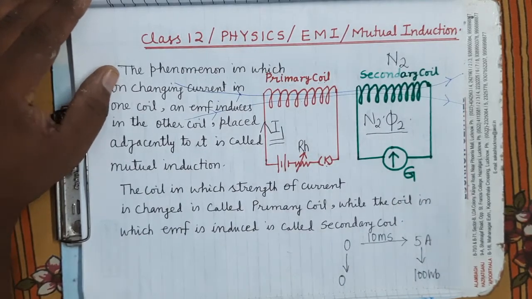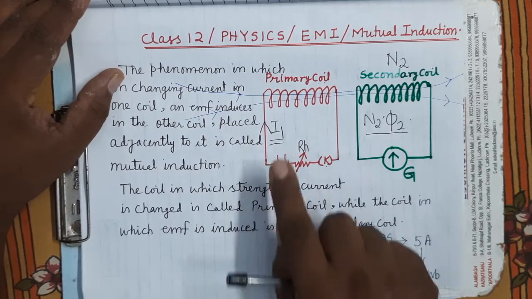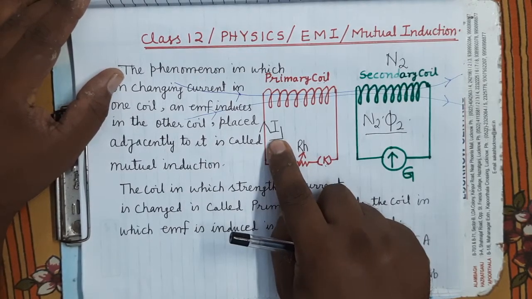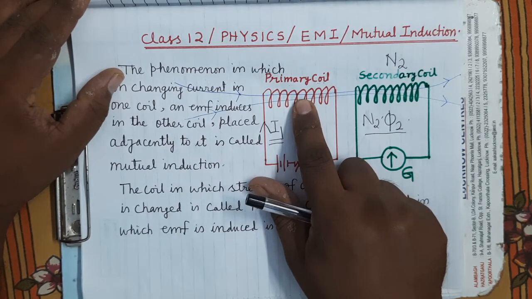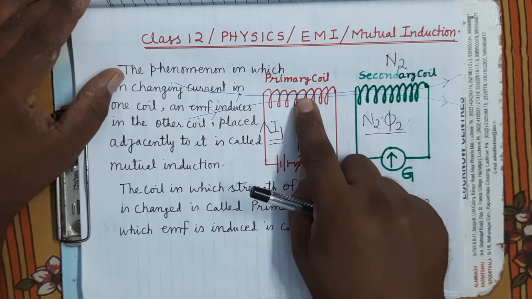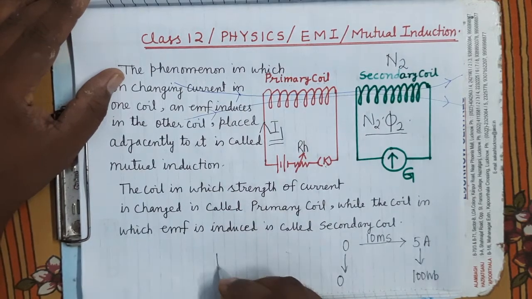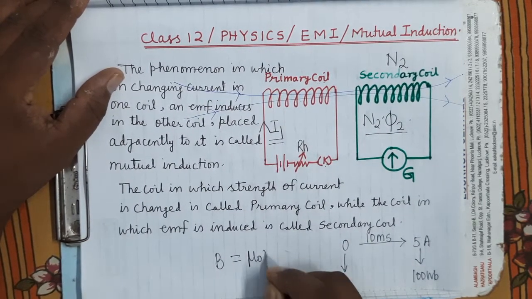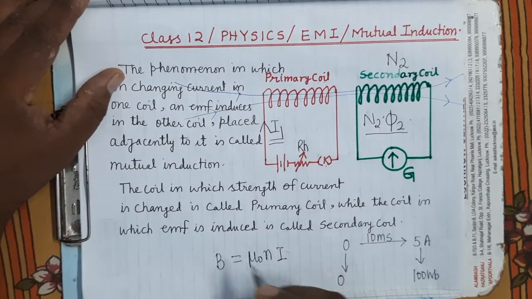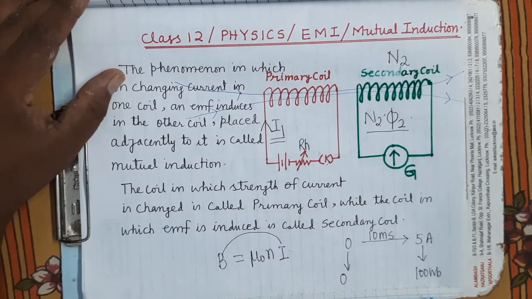Why? If you increase the current strength here, it will magnetize more heavily, because the magnetic field of a solenoid is given by B equals mu naught N i, which is proportional to I.